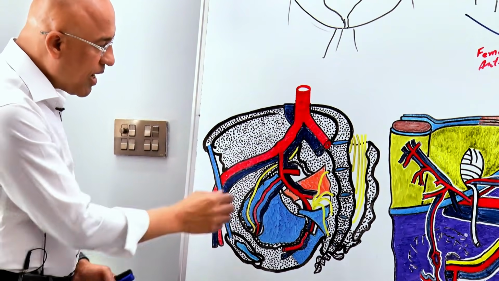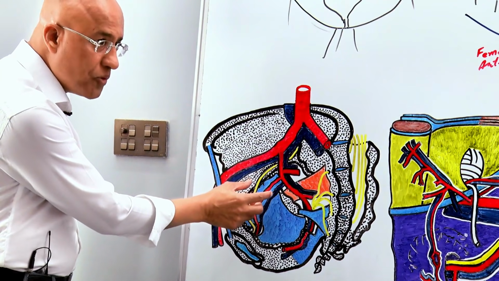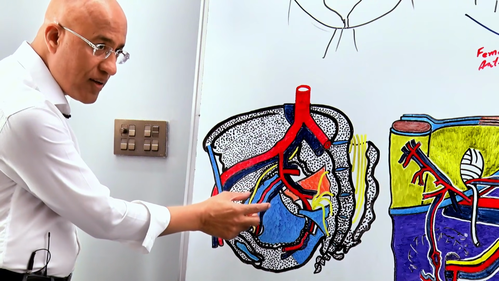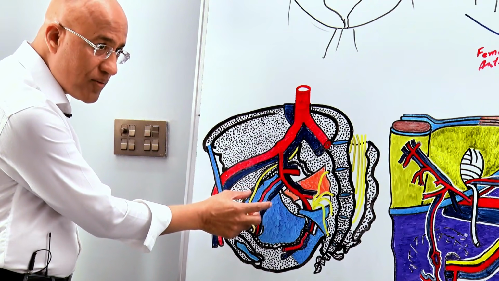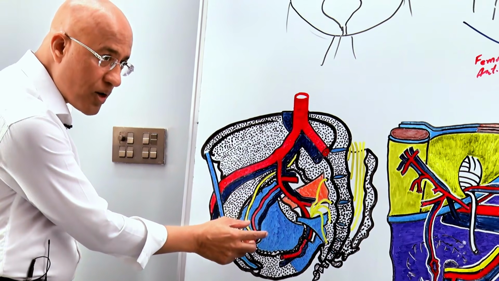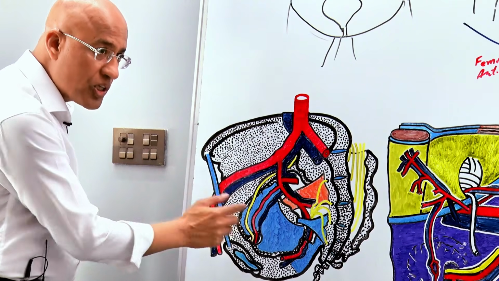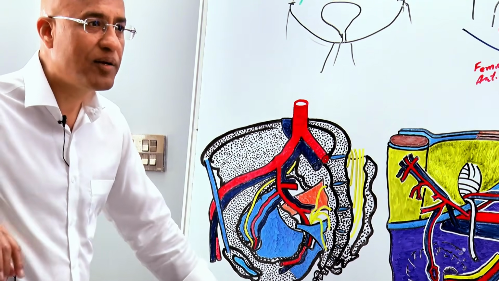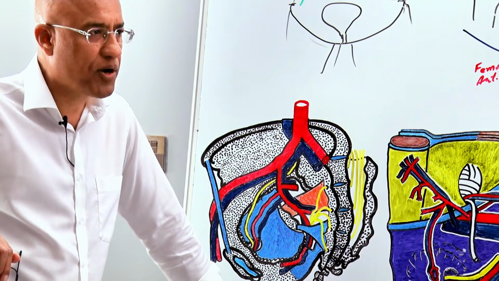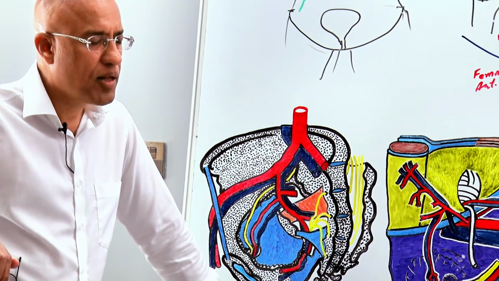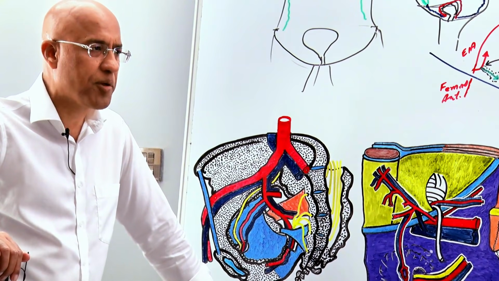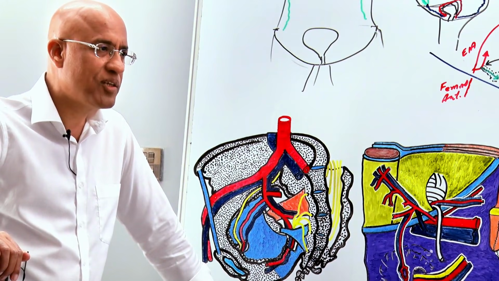Now all three of them are moving on the obturator fascia on the lateral pelvic wall, downward and forward, trying to reach the obturator canal so that they can exit from the pelvic cavity, and they make a great escape to the medial side of the thigh.